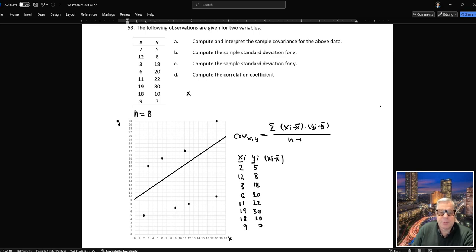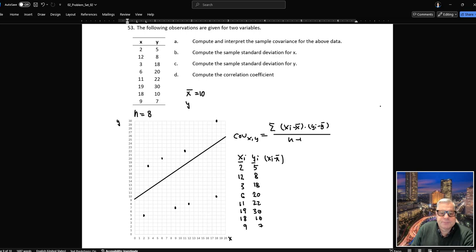So x bar is the sum 2, 14, 17, 23, 24, 34, 43, 53, 61, 71, 80. 80 divided by 8 is 10.